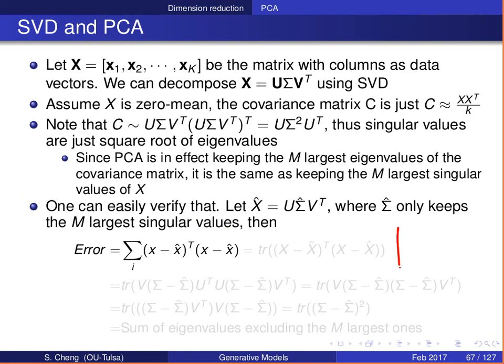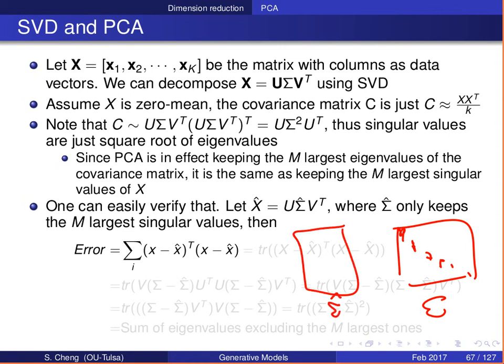Our original sigma is a diagonal matrix, maybe sorted like 9, 8, 7, 5, whatever. Now sigma hat is a truncation of sigma. Maybe it's just 9 and 8, and then all 0. Then the corresponding X hat will be U sigma hat V transpose.